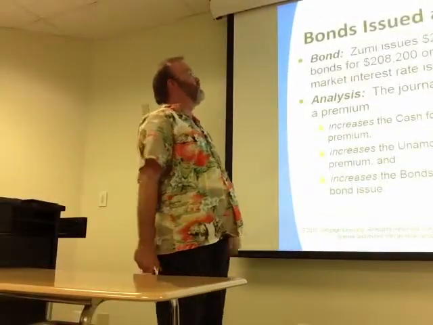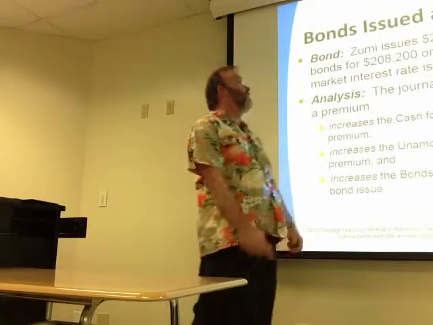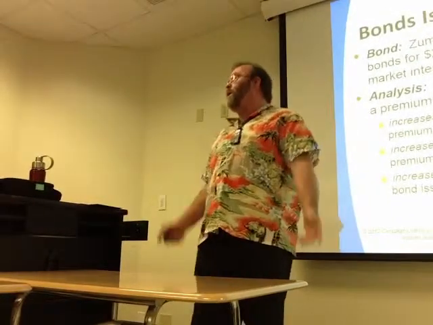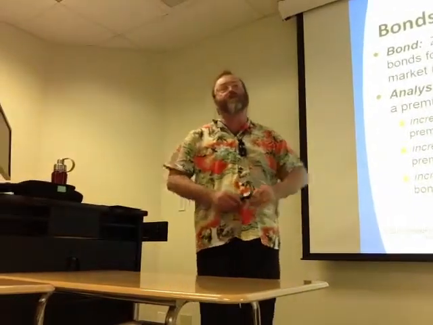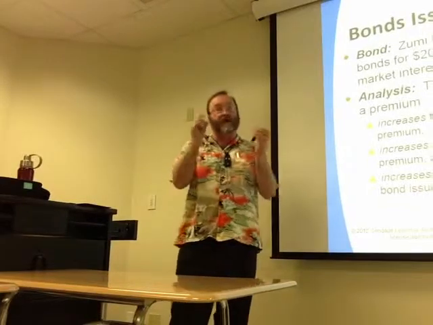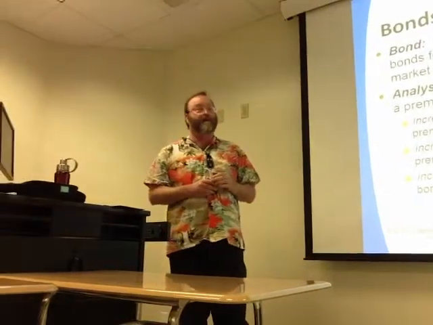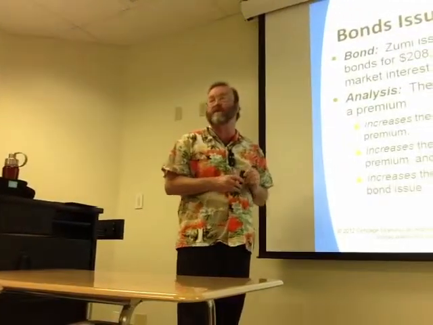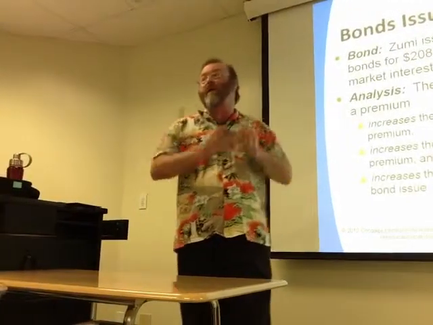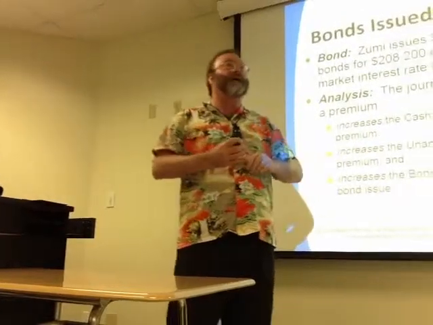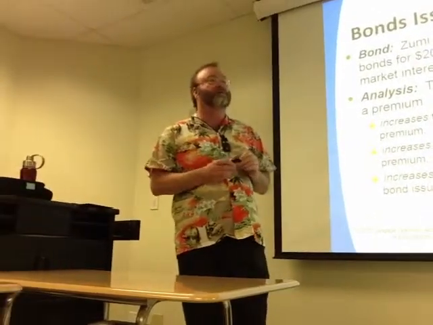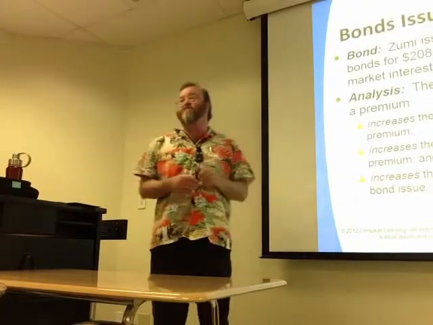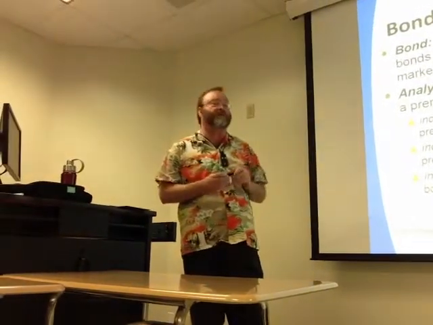So what if it's a premium? What if the market only wanted 8%? If they only want 8%, they're going to reward you for your generosity because you're giving them 9. You're giving them the $9,000 every 6 months. They only wanted $8,000. Okay? 200,000 times 8% is 16,000.